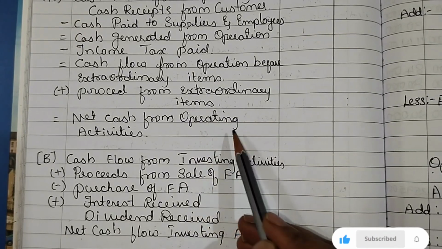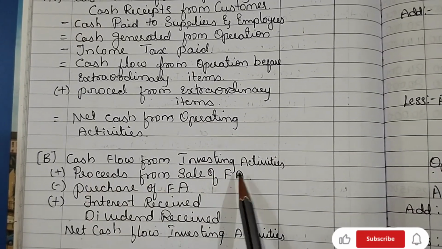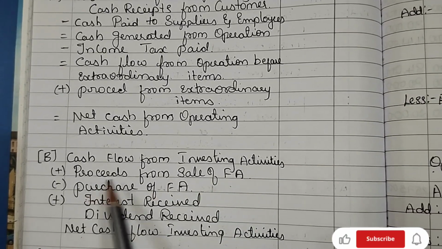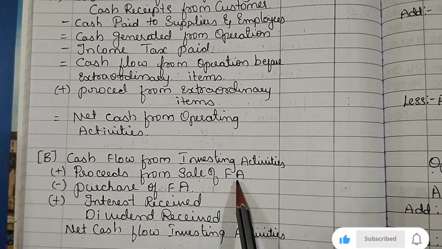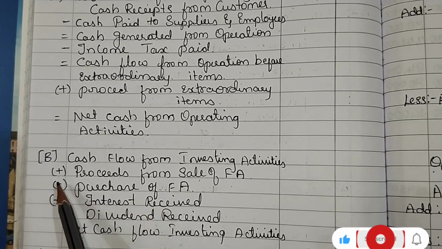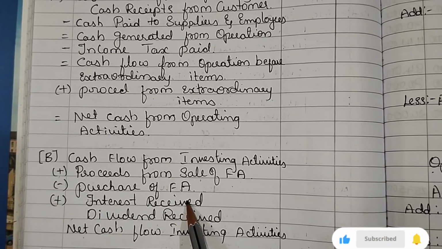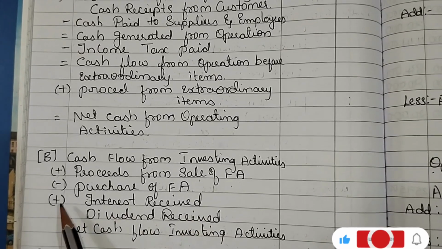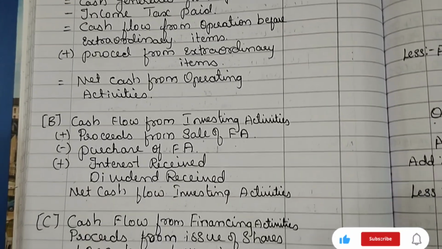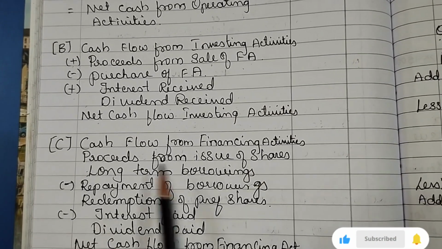Then after this, we'll take cash flow from investment activity. Any proceeds from sales of fixed assets, that we are adding. Purchases we are deducting. Interest received, dividend received, we are adding. Okay. Then net cash flow from investing activity.